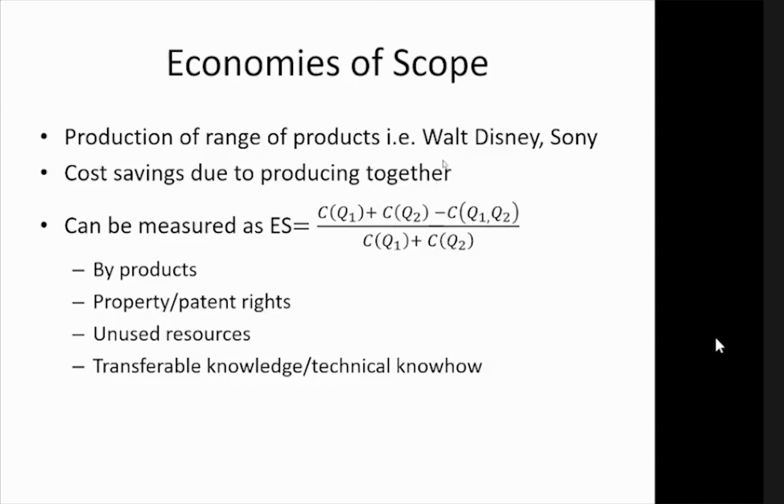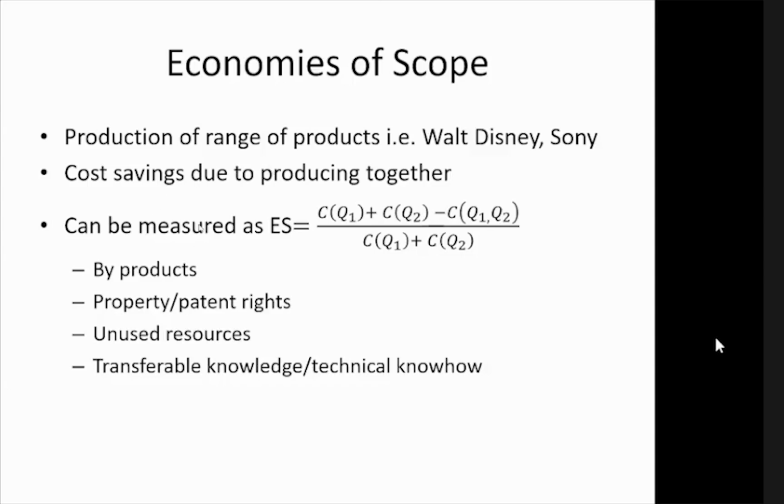If you look at this function clearly, what happens if these two products are produced by two producers? This part will be 0. There will not be any common cost. Q1, Q2 will not be there. So therefore, it will be only C(Q1) plus C(Q2), if it is produced separately.